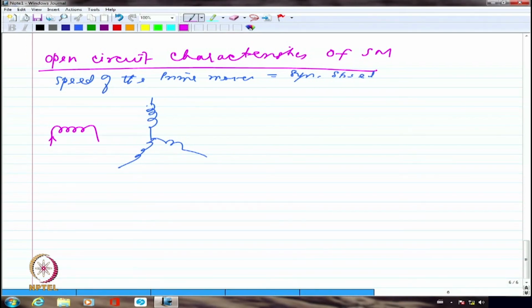Here I am just showing the field as though it is separate. It is not; the winding should be along with that. But I am going to rotate this at synchronous speed.